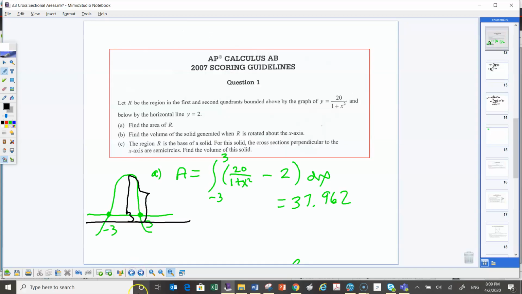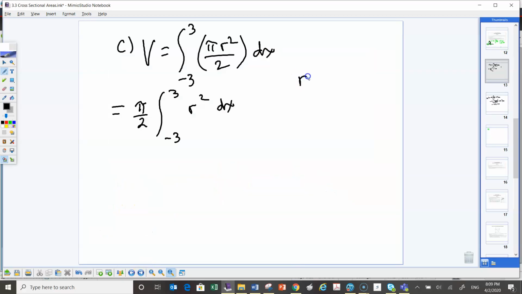Now you have to be careful because this region right here is really a semicircle coming out of the screen, and that length going from the top curve to the bottom curve is the diameter. So the radius is going to be 20 over 1 plus x squared minus 2, all divided by 2. So it's very ugly, but that's what it is.